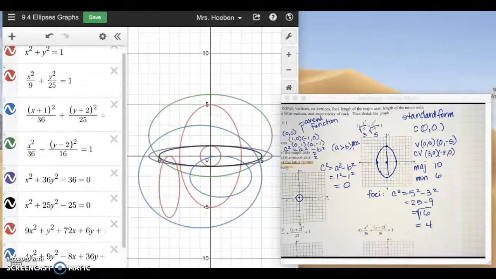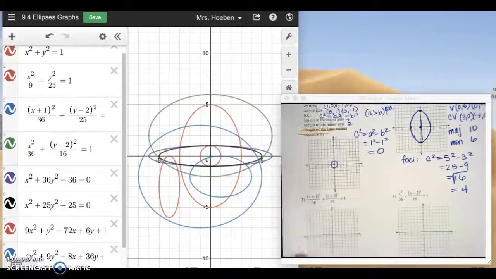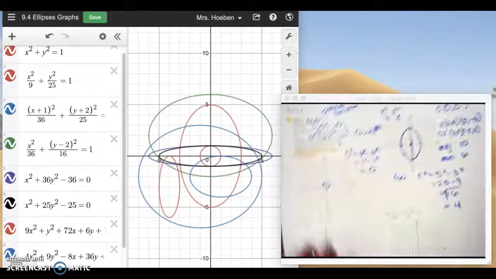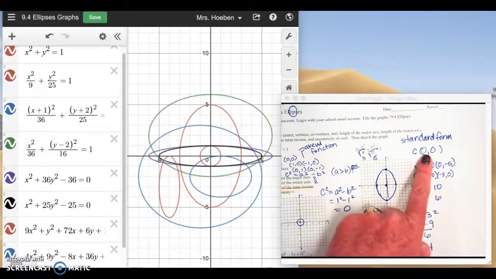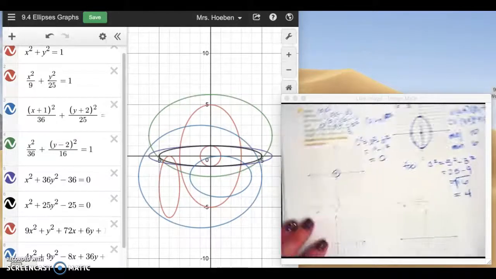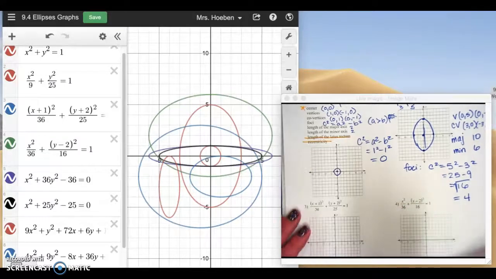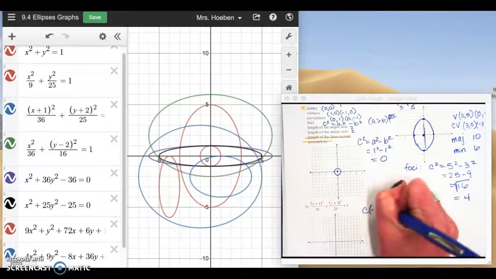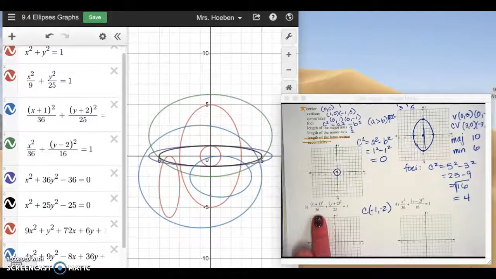Whichever number is larger, plug that one in for A, because you always want it to be a positive number. So what happens when we get down to number 3? Number 2 was nice because our center was at 0, 0. Number 3, where's our center at? -1, -2. Do you see where that's coming from in the equation?